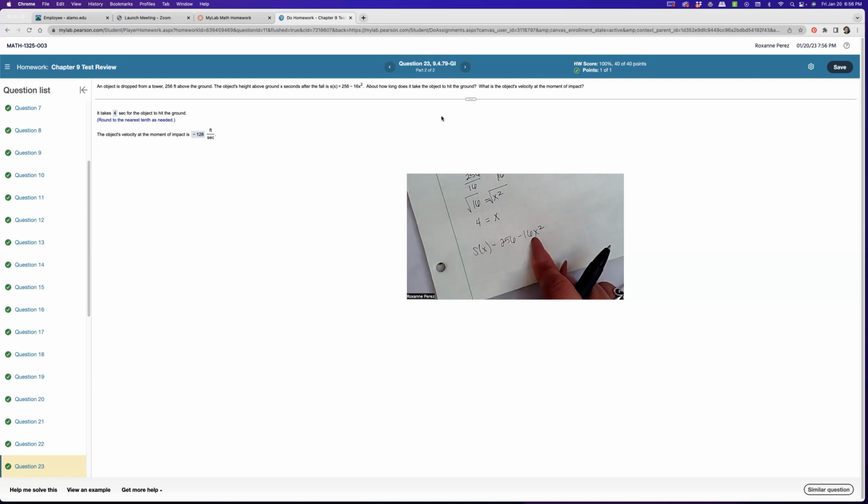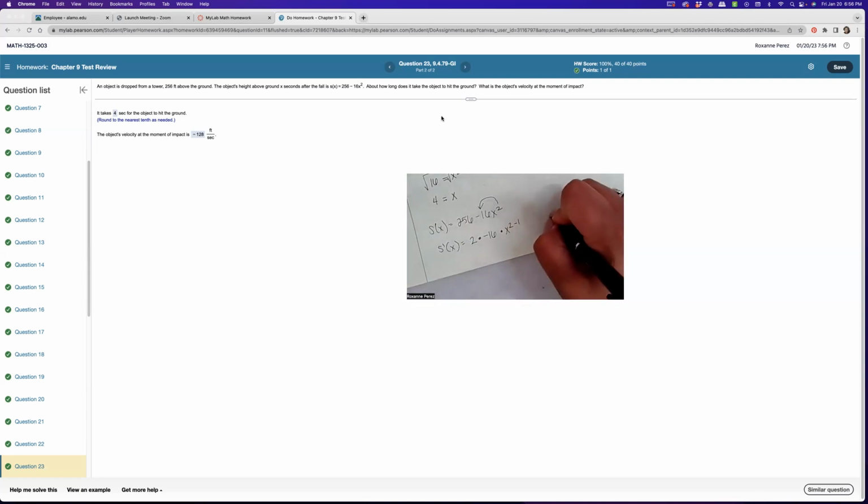So we're going to focus on this variable term. We bring the exponent and multiply it in the front. So s prime of x equals 2 times negative 16 times x to the 2 minus 1. So that's going to simplify to negative 32x. So that's our first derivative.